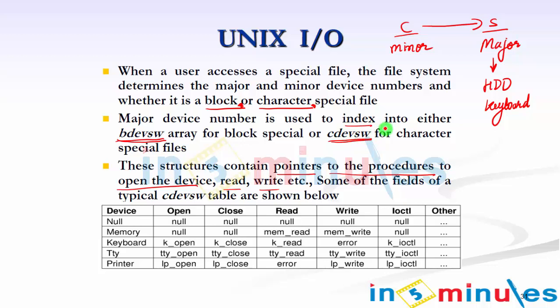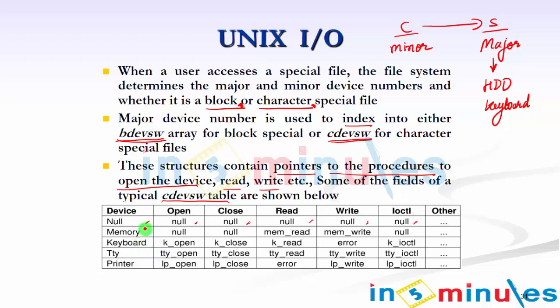We have an example of CDEVSW, or rather I would say the character mode operation structure. As we can see, for some devices it is null, null, null, null, null. If there is some device, then it would have some opening address, some closing address, and the calls for read and write purposes.